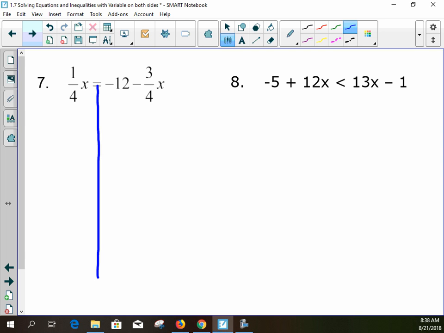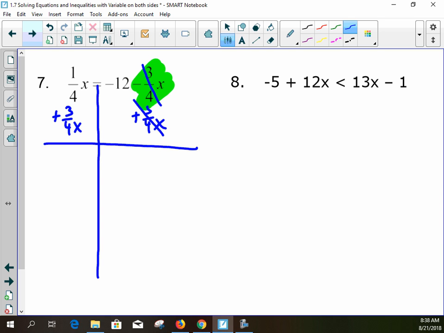So I'm going to have to move my negative 3/4 x. So I get it on the other side, right? So I am going to add 3/4x to both sides. This is going to cancel. I have my negative 12.